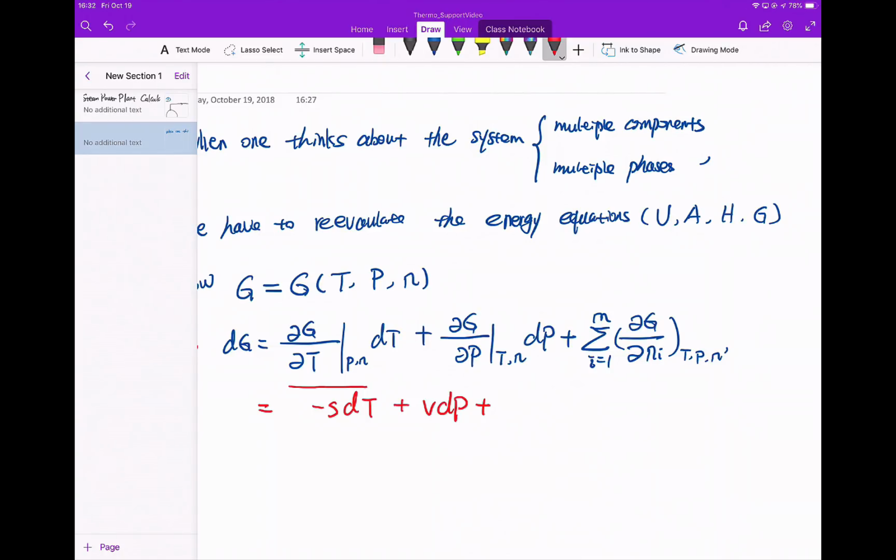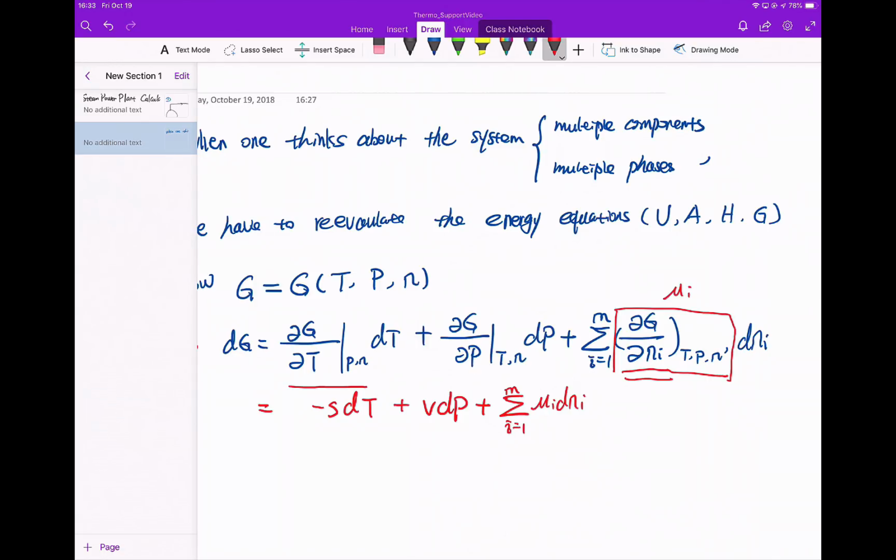So this is why we call this mu. I'm going to define the whole partial derivative as mu i. So now we're going to have the summation of i equals 1 to n, that is mu i dmi.